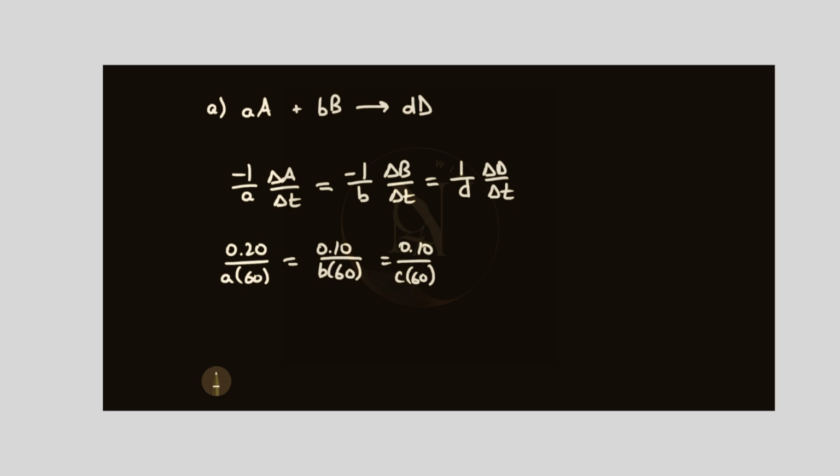Simplifying here, we get A over 2 is equal to B is equal to D.